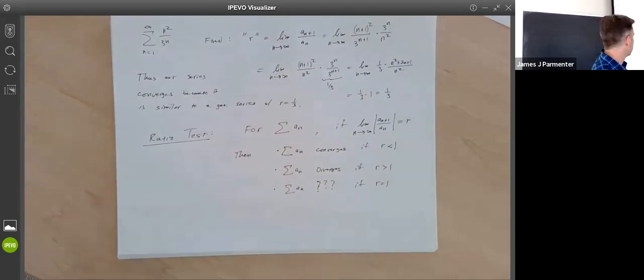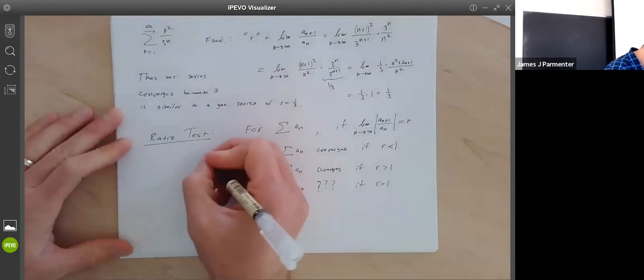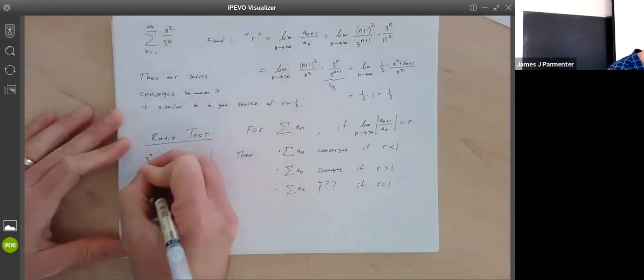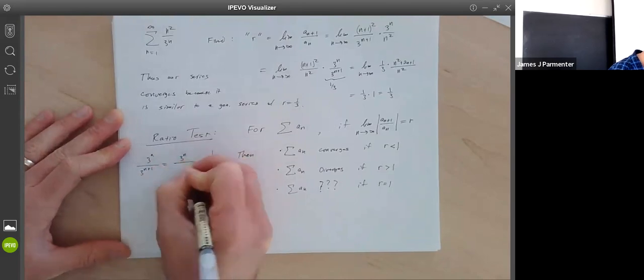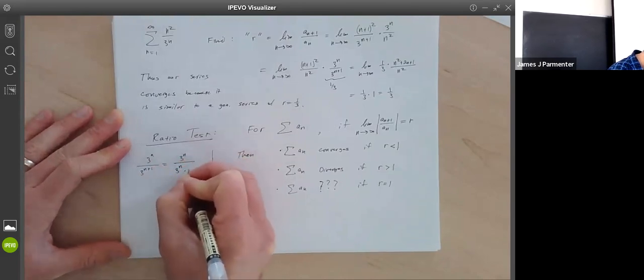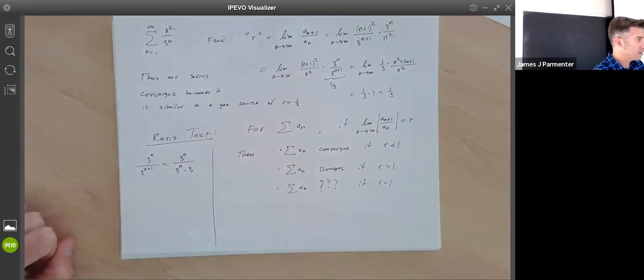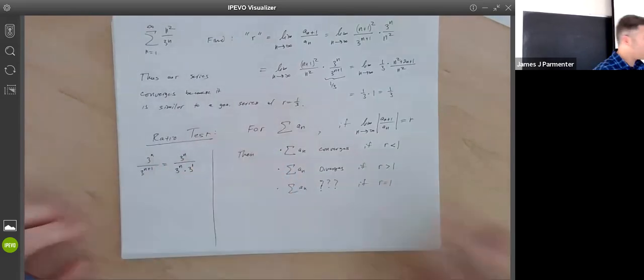For 3^n over 3^(n+1), what were the calculations to get 1/3? That's an excellent question. I think there are 2 good ways to see it. You can say 3 to the n over 3 to the n plus 1 is 3 to the n over 3 to the n times 3, because if that's a 3 to the 1, we would add those powers.